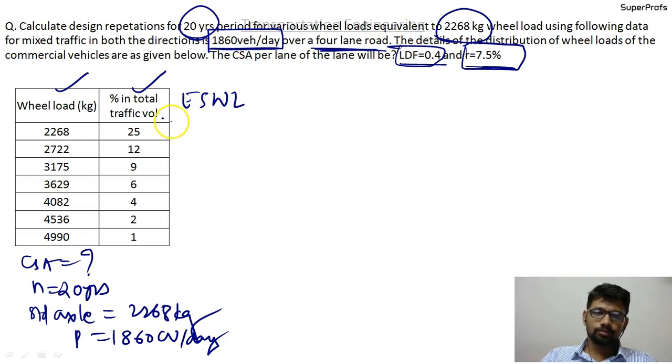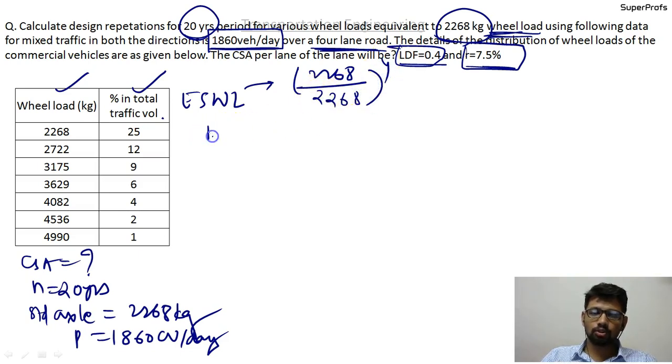Here it will be 1, because it is the equivalent standard wheel load, since the wheel load is given. So 2268 upon the standard wheel load 2268, to the power 4, comes out to be 1.